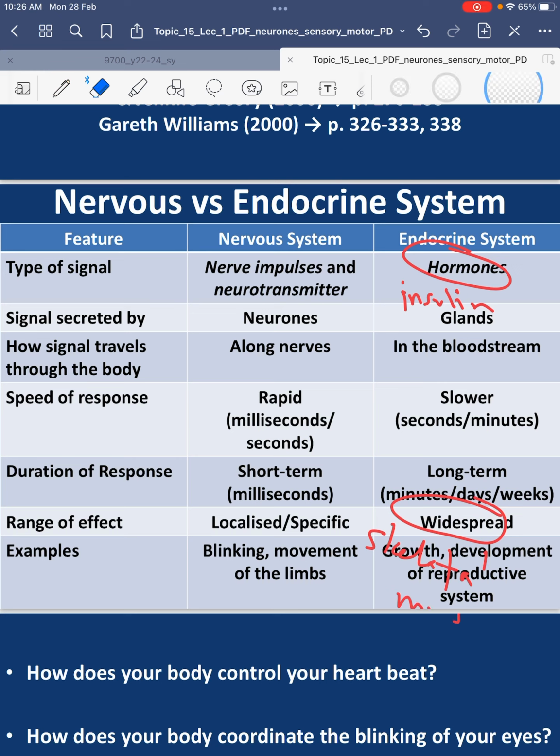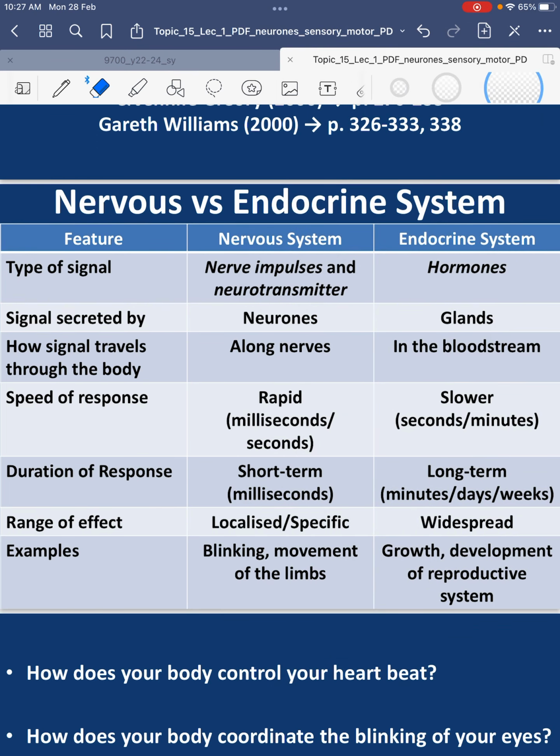You can see skeletal muscles are everywhere in our bodies, so the effect is widespread. And then there are some examples here: growth, for example growth hormone, and the development of the reproductive system.